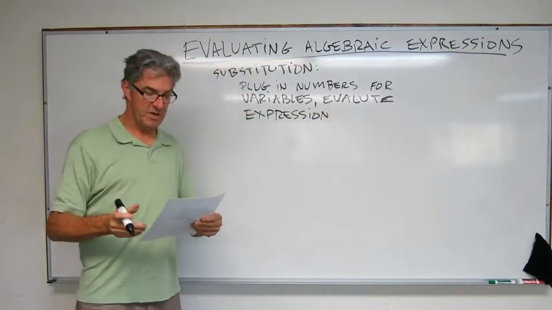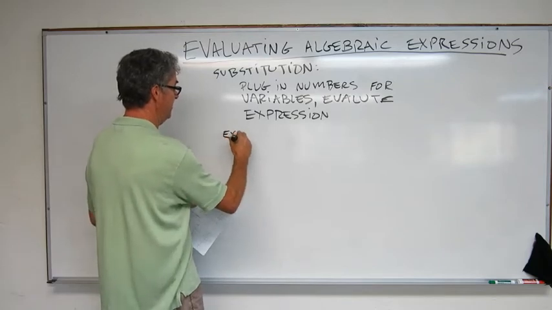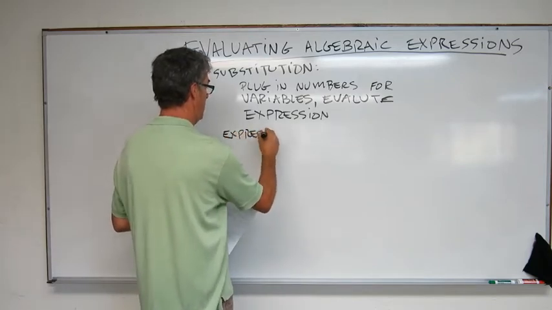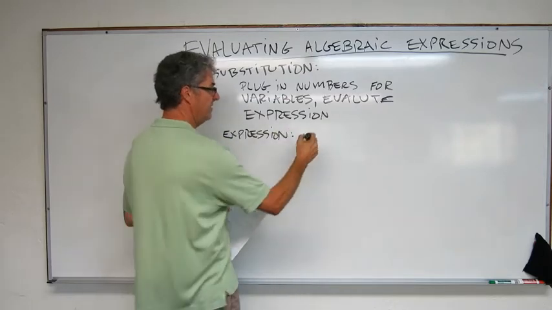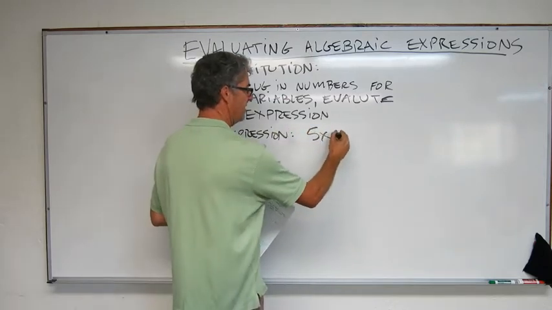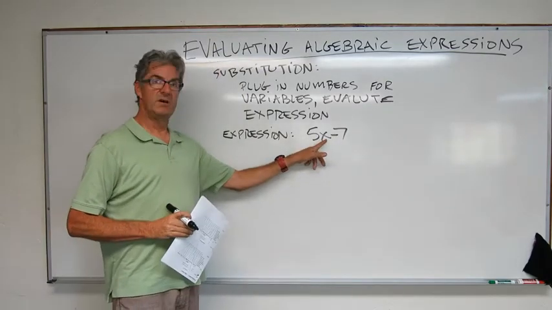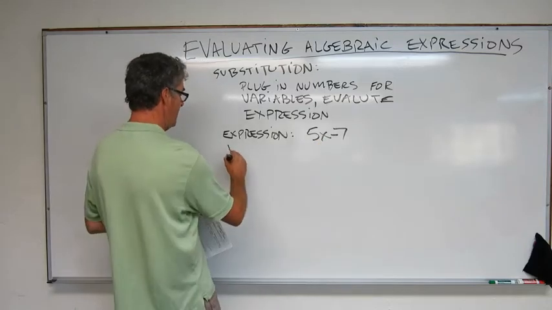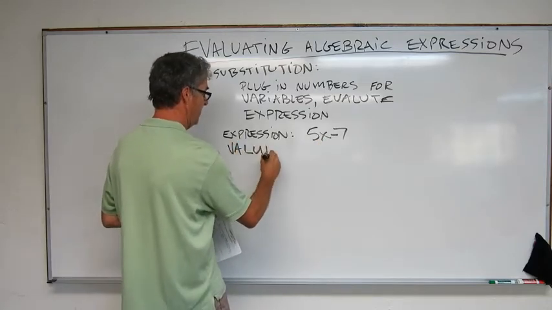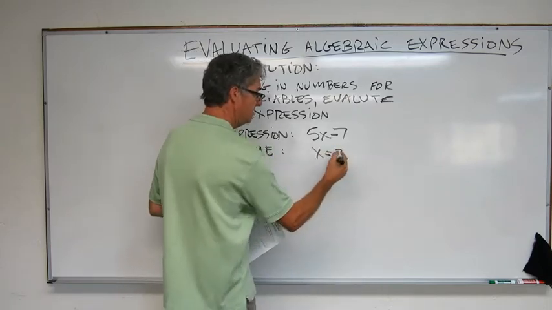Okay, so let's do an example. My expression would be as follows: 5x minus 7. Now to do this, we need to give you a number value for x. So I'm going to do that. Value x equals 2.